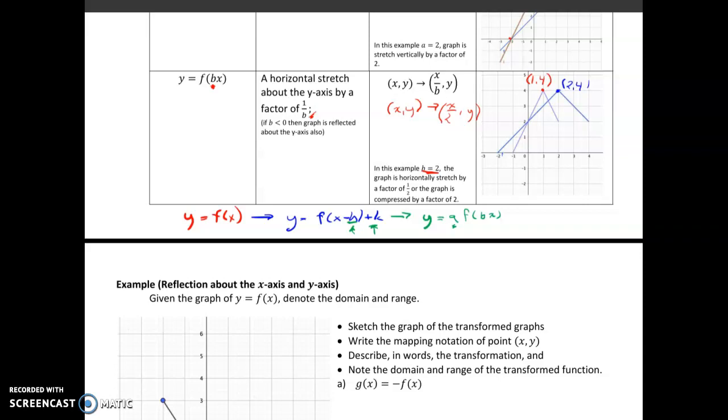So it's a reflection about the x-axis. b affects things horizontally, so it compresses or stretches about the y-axis, but it can also reflect about the y-axis as well. Okay? So let's get moving on, shall we?